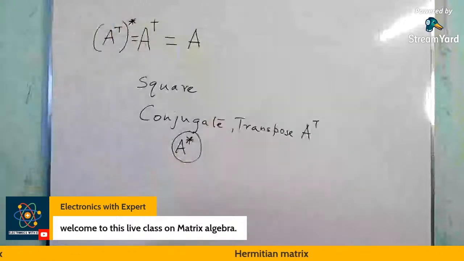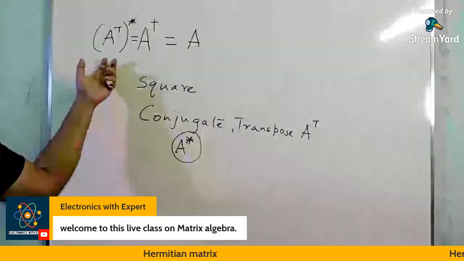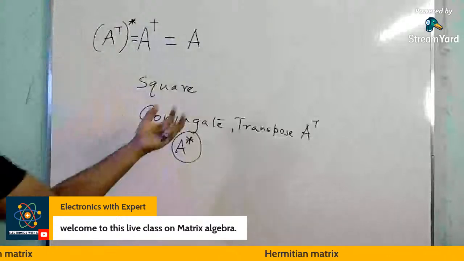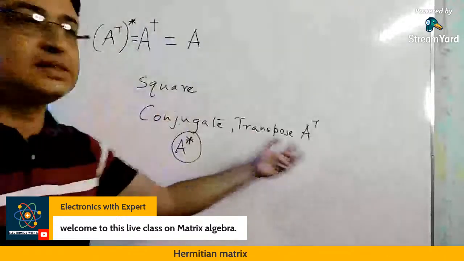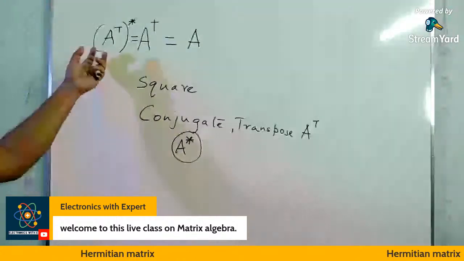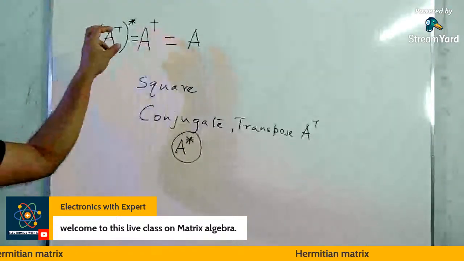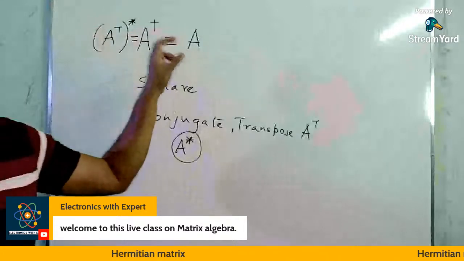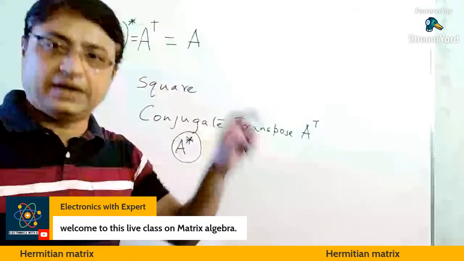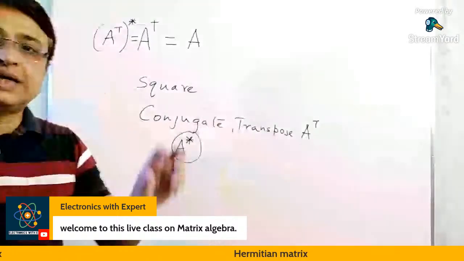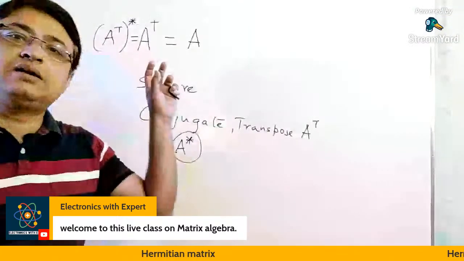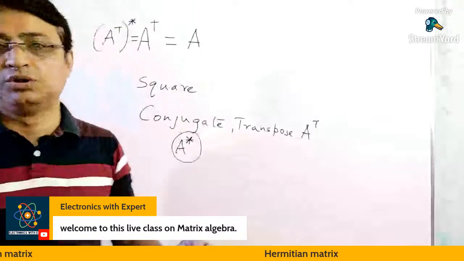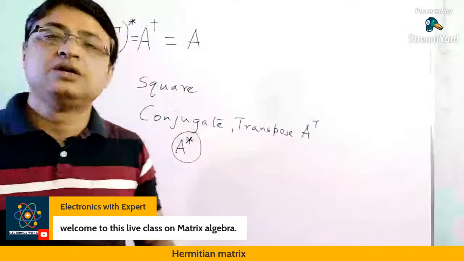In many books it is written as A T star, where the main operation is the conjugate transpose. Transpose means A T, and then you have to find out the conjugate of that transpose matrix, and that will give you the A dagger or the conjugate transpose of A. Now for a matrix A to be Hermitian, this conjugate transpose, that is A dagger, should coincide with the matrix A.